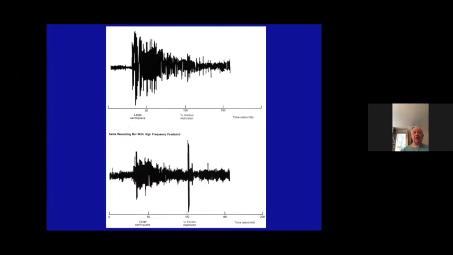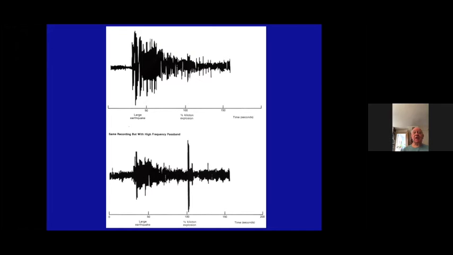It was an atomic explosion. It just happened to be in the tail of a large earthquake, which is the signal at the top and the left-hand side at the bottom.